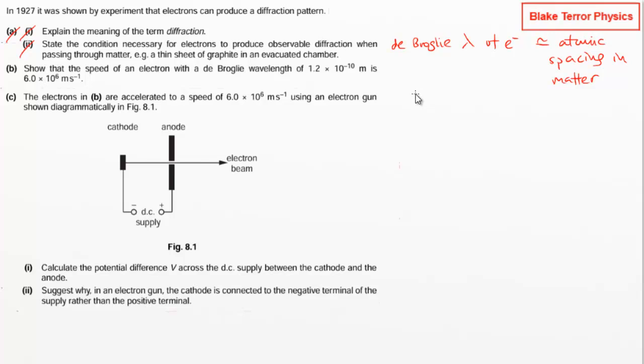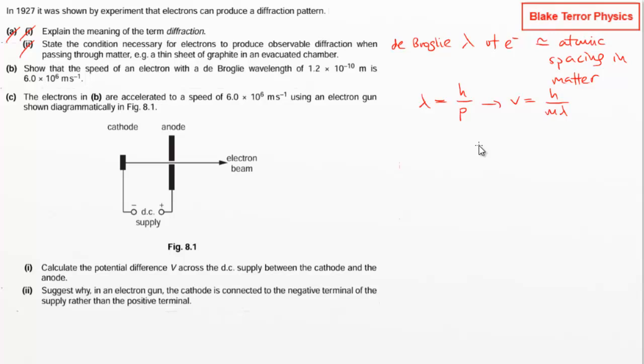Okay, so, well, we used this on the previous question. That's our definition. So if we want to get speed out of this, splitting momentum into mass times velocity, then our velocity is going to be h over m lambda. So we just need to type these numbers in. So we've got 6.63 times 10 to the minus 34 for our Planck constant.